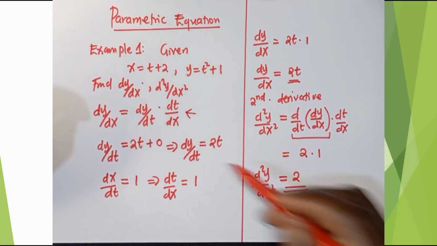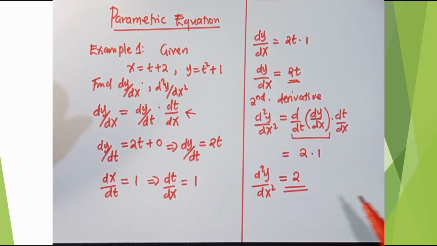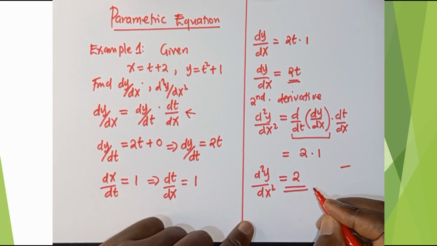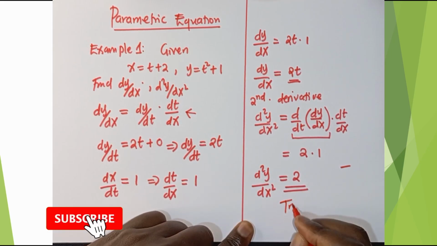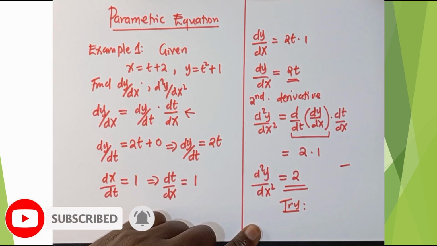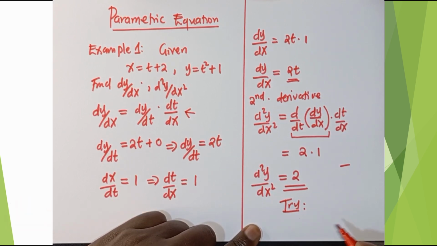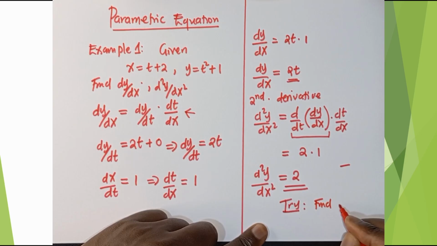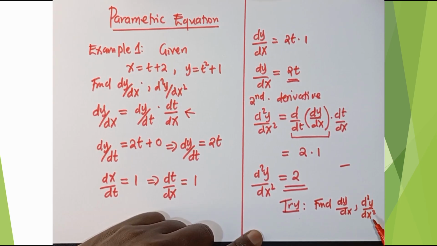So this is how you quickly differentiate a parametric equation. Your trial question, the one that you are going to try out, says find dy by dx, and let us also practice getting the second derivative.